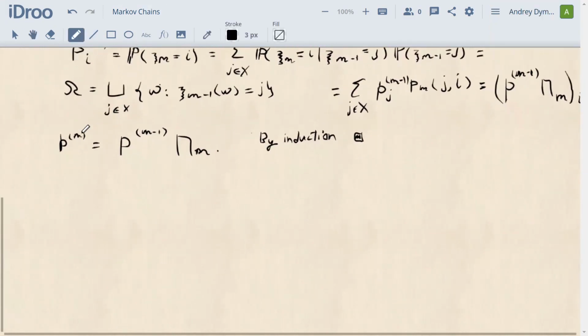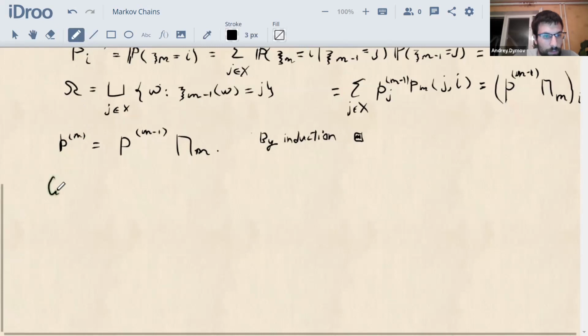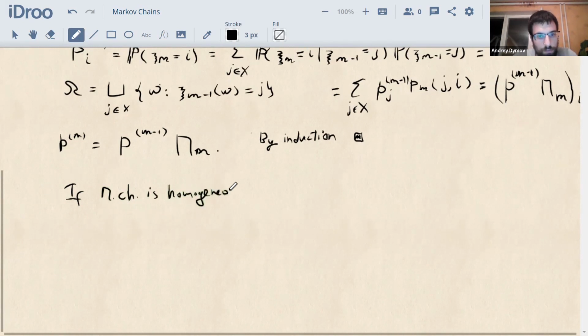So, corollary number 7. Okay, let me first write down some notation. I recall that if my Markov chain is homogeneous, that is, its transition probabilities do not depend on time, then I use the following notation.